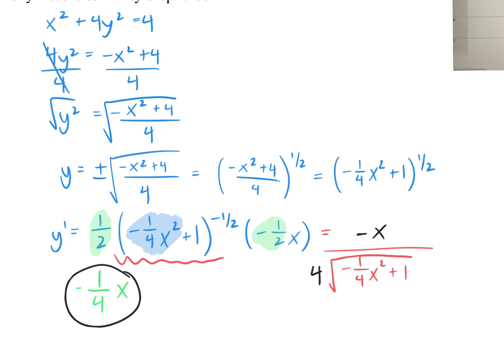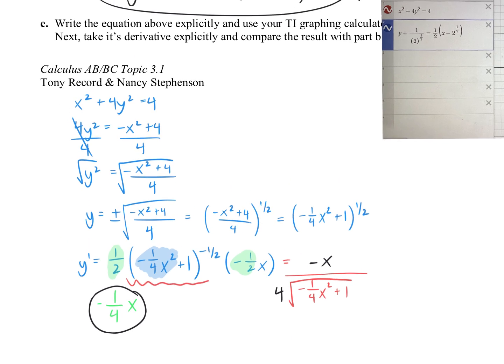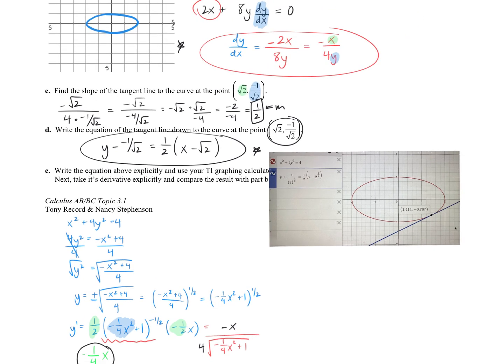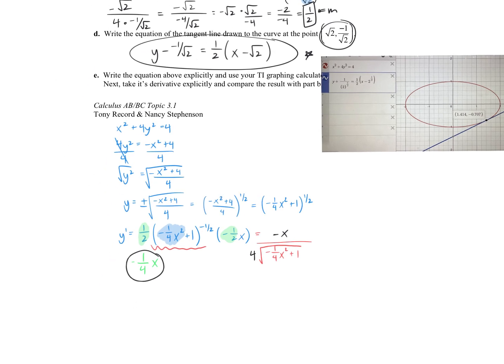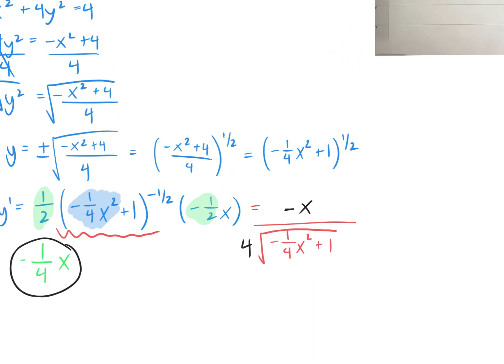Okay. So we could solve this equation for y and then actually take the derivative of this function. However, doing all of this is a lot of work comparatively to what we did up here when I found my derivative of negative x over 4y. That's the same thing as what we have here. This is the same thing as negative x over 4y. You guys see the negative x and the 4 pretty easily, right?